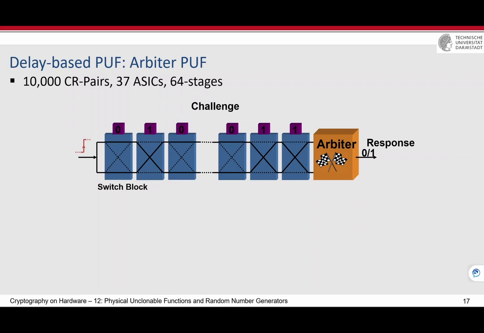Then they are connected to one component, which is called an arbiter. The arbiter is nothing more than just a latch, similar to the latch that you learned before, how we build a latch with NOR gates or NAND gates.